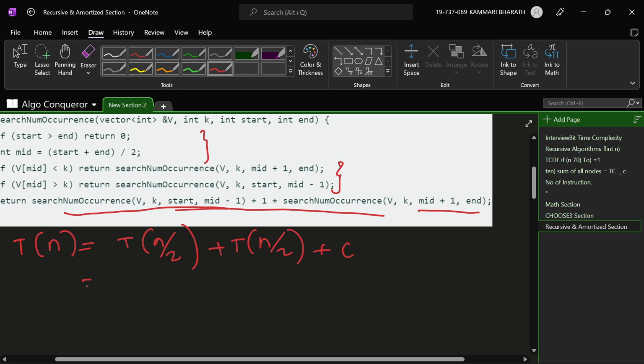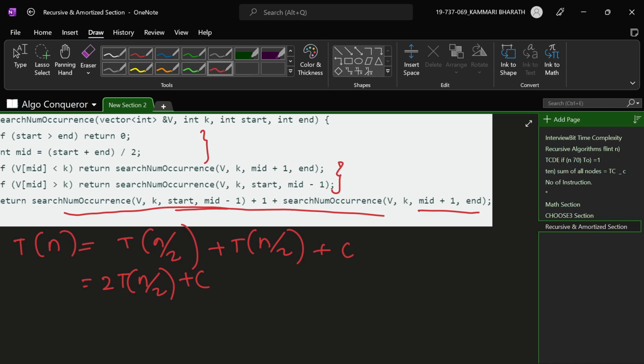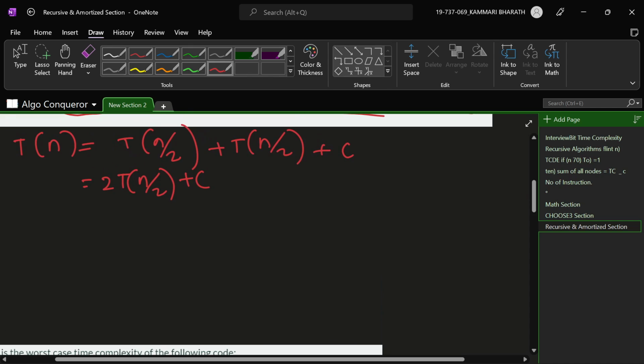So we can write this as 2 times T of n by 2 plus C. I think I have solved this recurrence relation in my previous video, but I'm solving it once again.